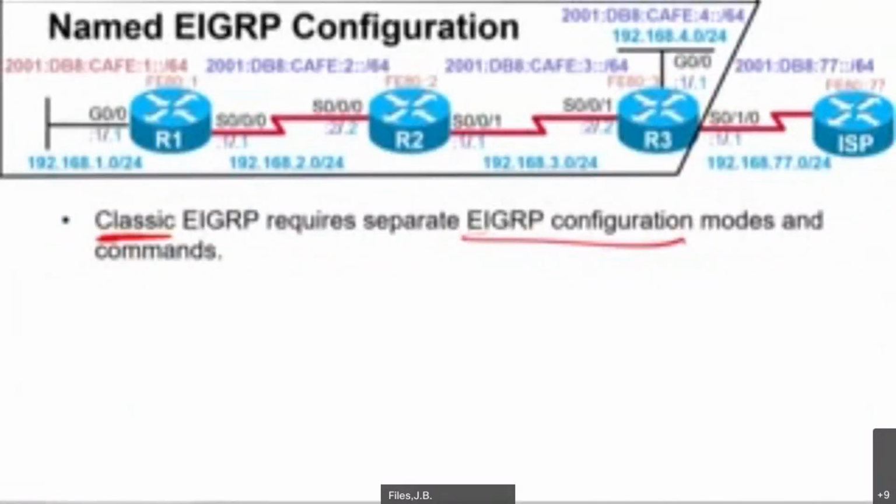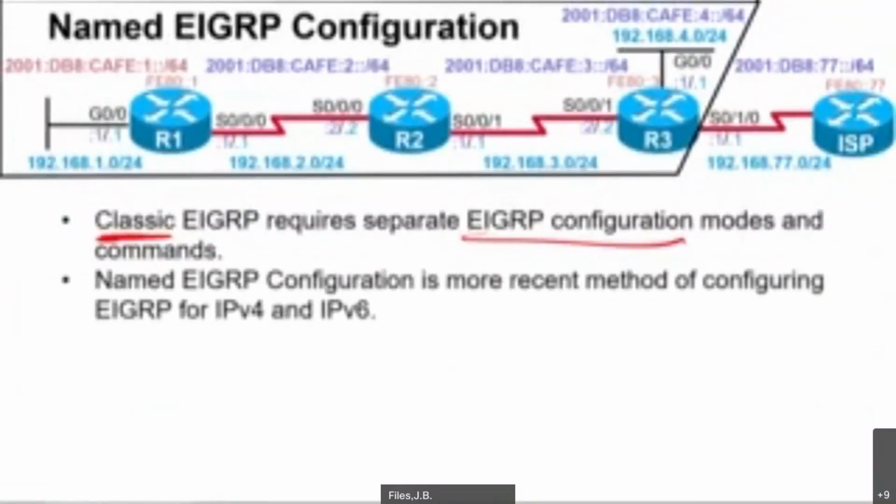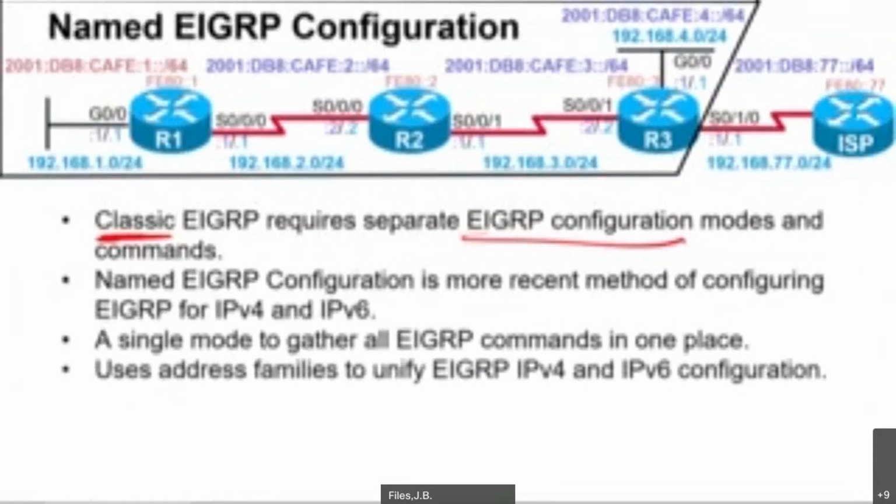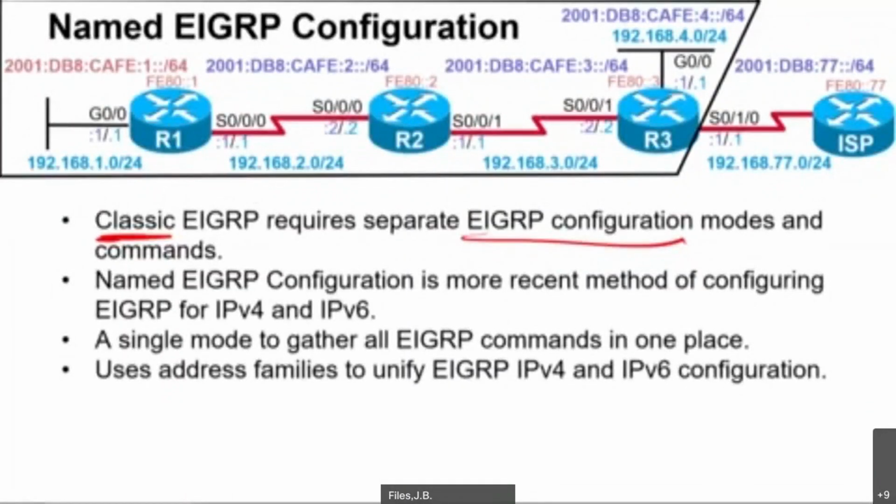Okay. Now let's look at named EIGRP configuration mode. All right. So with Classic, you're going to have two EIGRP configurations going on, one for IPv4 and one for IPv6. In named EIGRP configuration mode, it's a newer mode, and you're going to gather both IPv4 and IPv6 into kind of a single space. We're going to use address families for IPv4 and IPv6 under the EIGRP configuration.